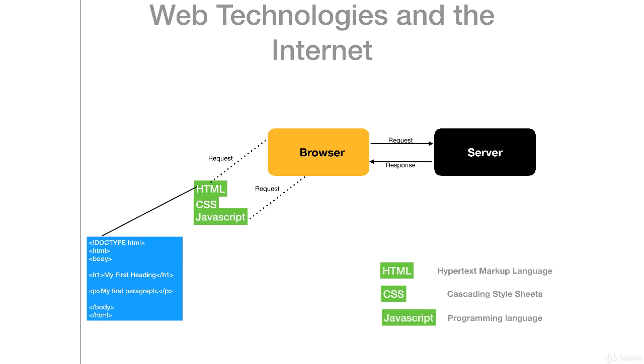Okay, but the transaction between the browser, the server, and the front end, the HTML, the CSS, JavaScript is always like this. This is traditional web development, right? Now, on top of everything, there are a lot of frameworks that pretty much abstract out this process.